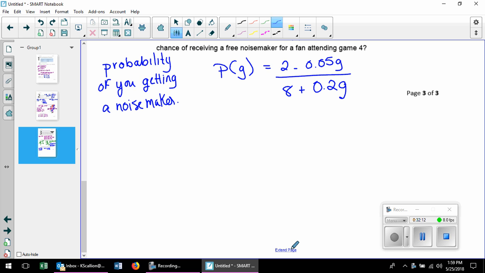I think that's the way, I'm not sure. Okay, so what is the chance of receiving a free noisemaker? So you create the equation. It's the probability of you getting a noisemaker. What's the probability of you receiving a free noisemaker and attending meeting 4? Where's that 4 going to go? It's going to go in for G, because G is the number of meetings.